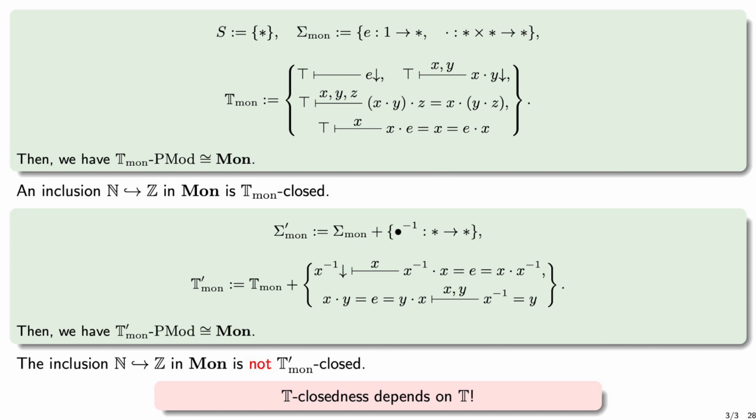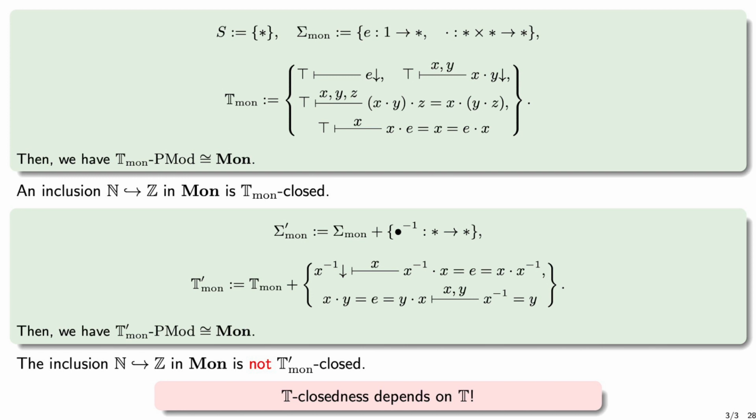It is easy to verify that the category of models of T-1 is isomorphic to the category of monoids. Then the inclusion from N to Z is not T-1 closed. This is because this inclusion is not closed under additive inverse.